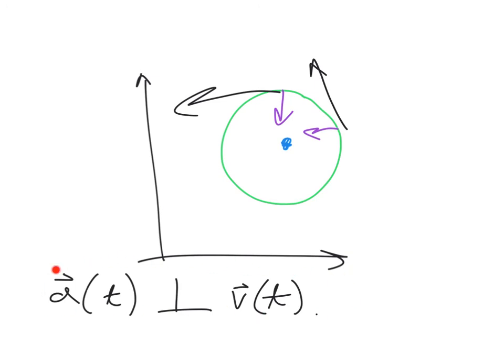This has physical meaning. This means that the acceleration is changing the direction of the velocity vector, but not its length. And that's exactly what's happening in uniform circular motion, where the speed is always the same.